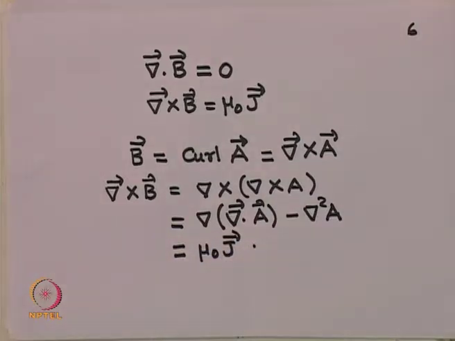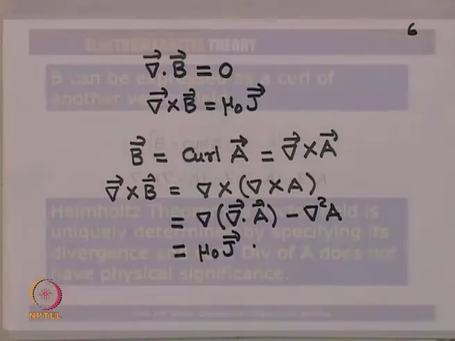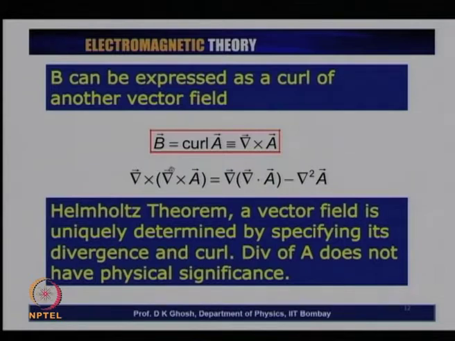So, notice this, that curl of A has a physical significance, because curl of A is a magnetic field, but divergence of A does not have a physical significance. So, as a result, what I can do is to choose the divergence of A as per my convenience, so that my work becomes simple, keeping curl of A the given magnetic field.